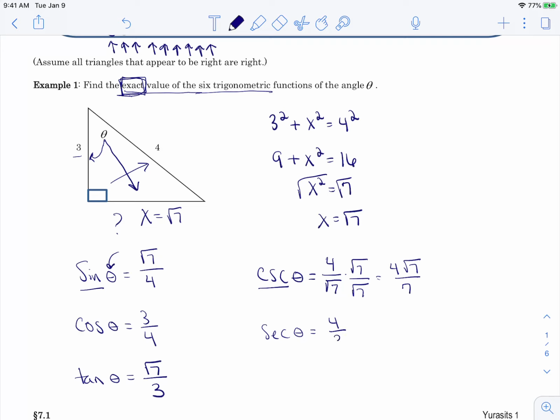So that's 4 over 3. And then cotangent theta is the reciprocal of tangent. So that would be 3 over root 7. But what do you know? I can't leave it like that. So I get 3 root 7 over 7. Okay, I'll see you next time.